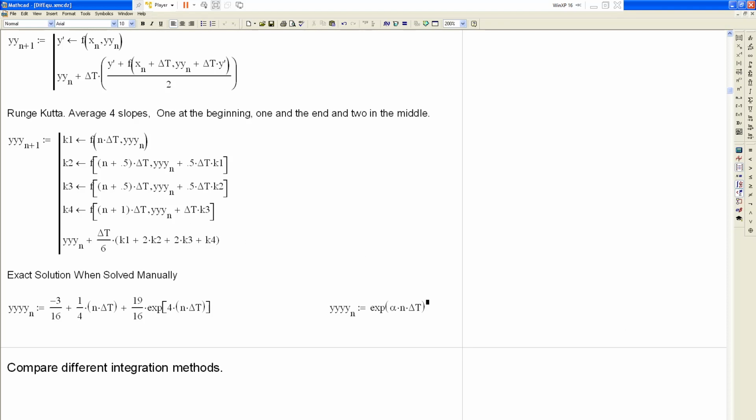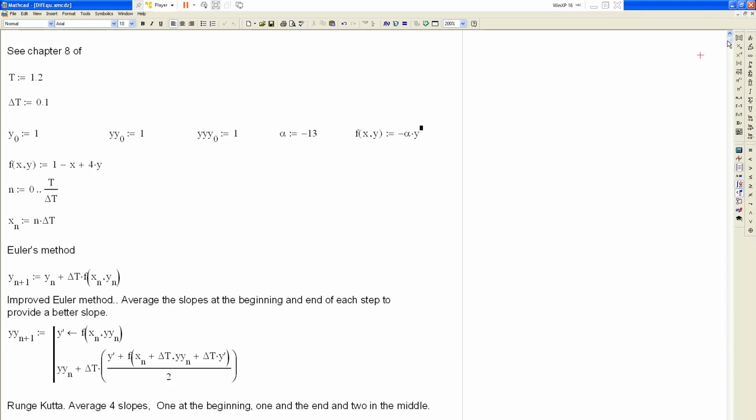So how much difference does it make? Well, actually, it's significant. And the big question that one would have is, Euler's method is simple. You only have to evaluate the differential equation once. The improved Euler's method, you have to evaluate it twice. So you better get better than twice the resolution or accuracy.